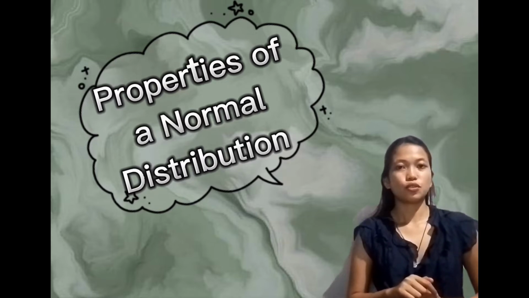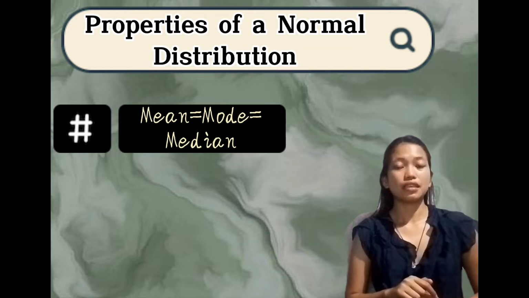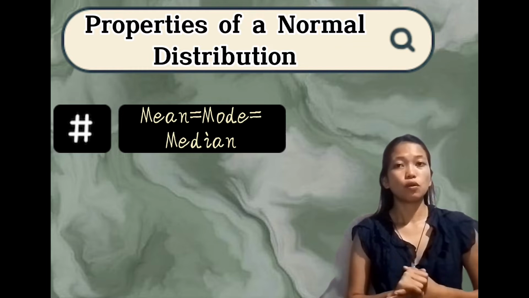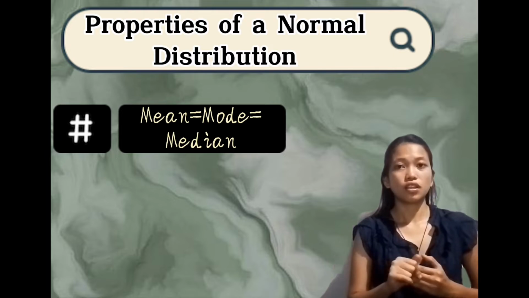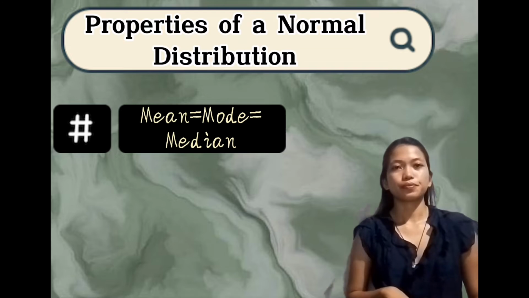The first property is that in a normal distribution, the mean, median, and mode are equal. Why? Since symmetric means both sides from the mean should be equal. If the mean, median, and mode are not equal, then the curve will not appear symmetric.